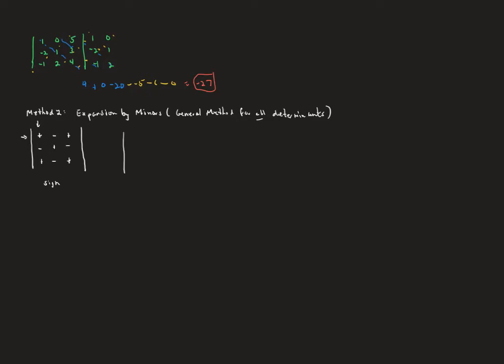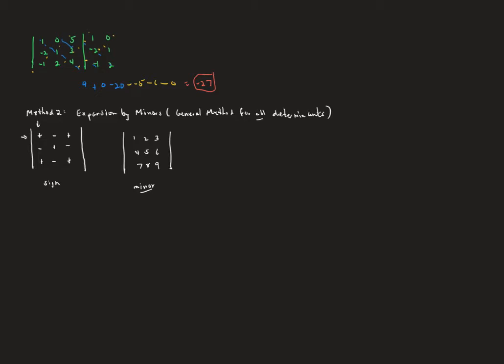Now, there's also the idea of a minor. What we mean by a minor is, if I have, say, 1, 2, 3, 4, 5, 6, 7, 8, 9, here's our 3 by 3, but this could be any size determinant.